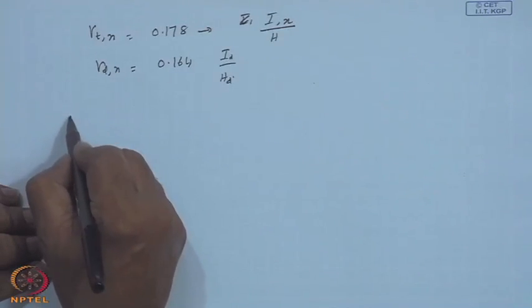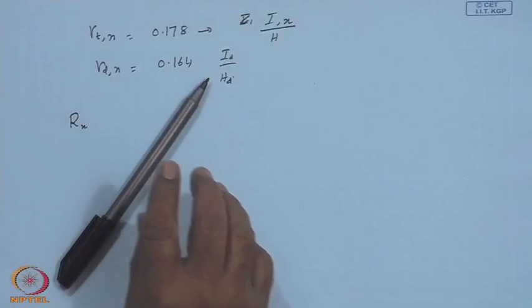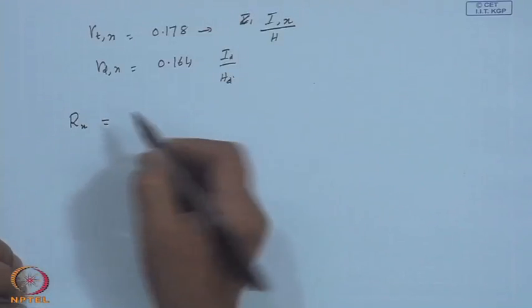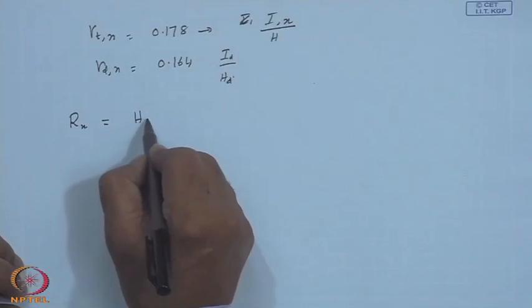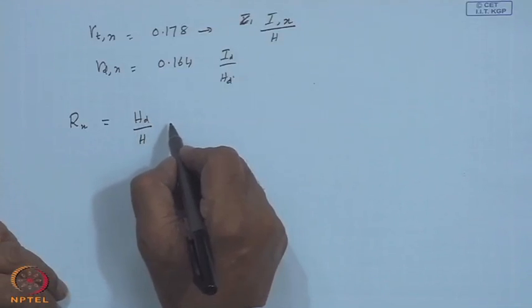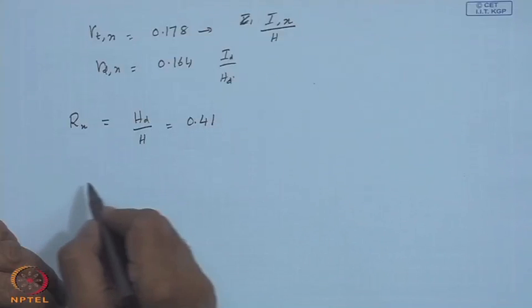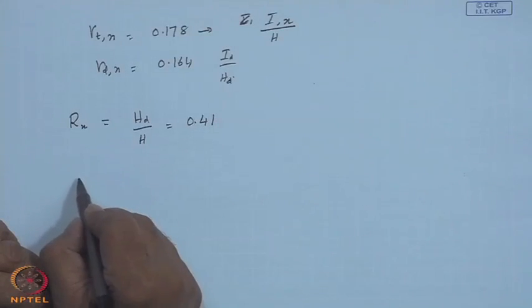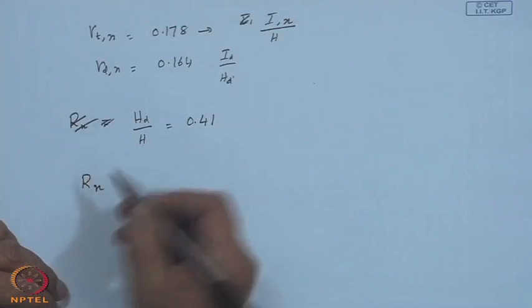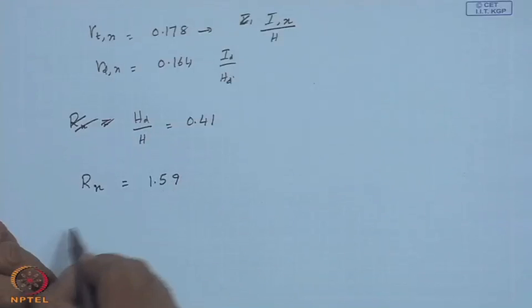Then in calculating Rn, we need HD by H. That turned out to be 0.41, and similarly ultimately we got Rn equal to 1.59.